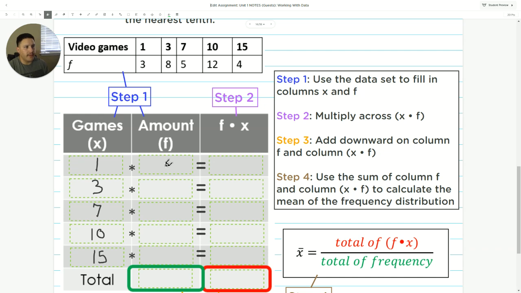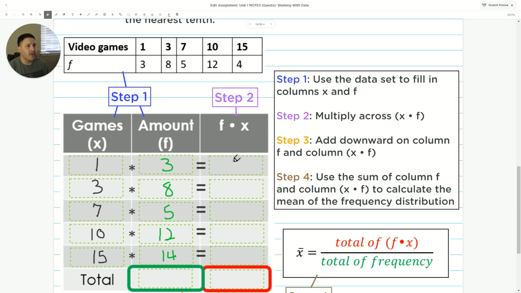So the frequency for 1 is 3. For 3, it's 8. 7 is 5. 10 is 12. 15 is 4. Okay, this last column right here, step 2, we just got done with step 1. Step 2, we're going to multiply these two to get our fx column, the f times x column.